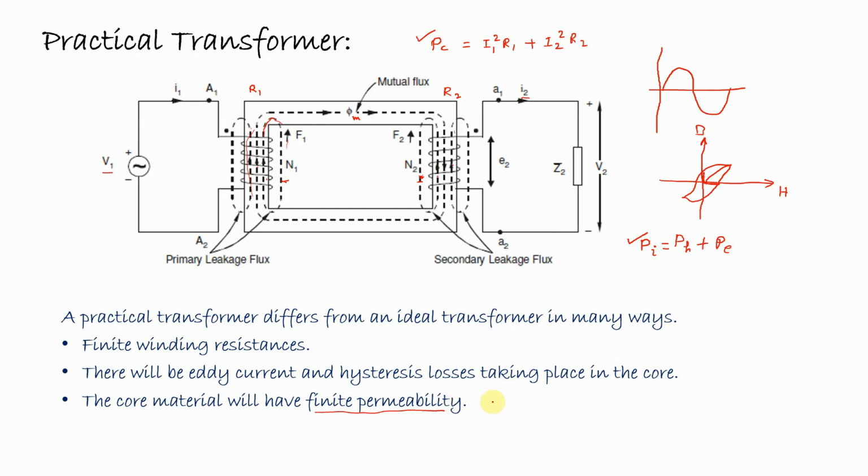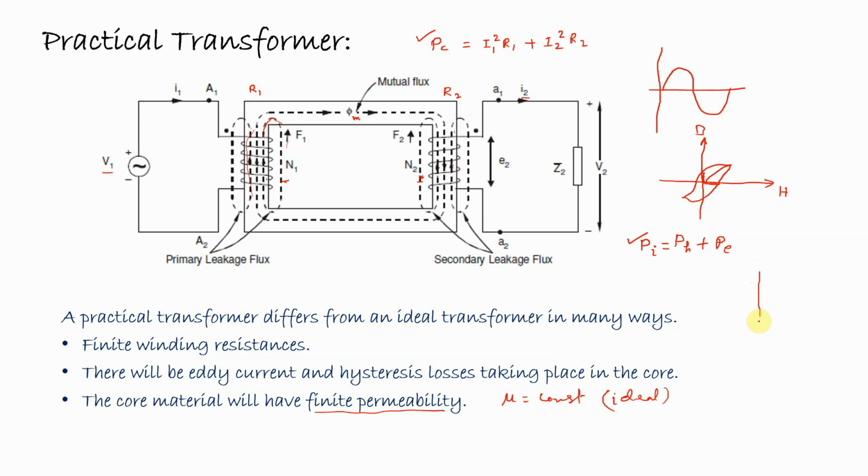It was also considered for ideal transformer that the permeability is constant. But in practical case, the permeability is not constant and that can be easily identified from the BH characteristics.